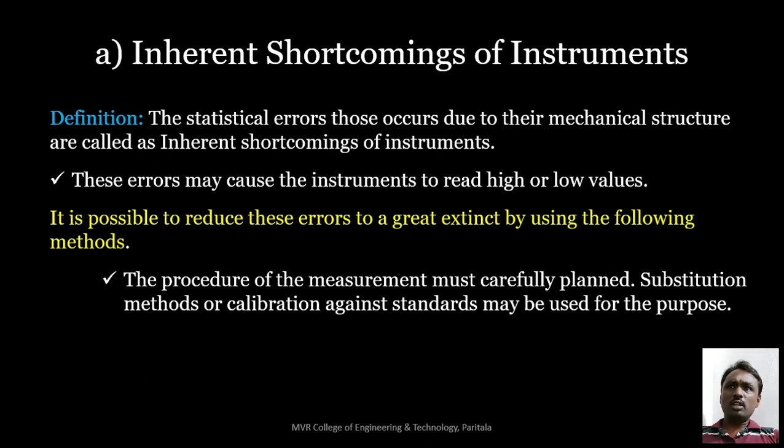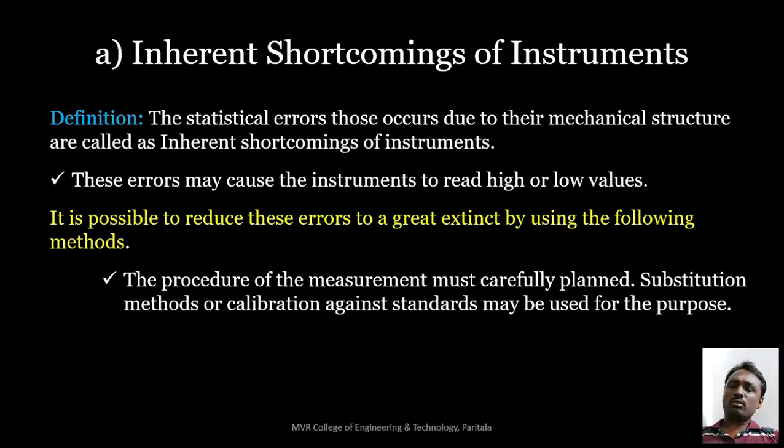If we do not follow the initial procedure for a new analog instrument, then after a long time the spring will not move smoothly. So we need to follow the procedure of the measurement carefully, and use substitution methods like calibration against the standards.